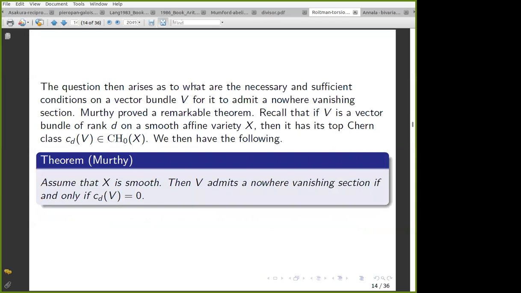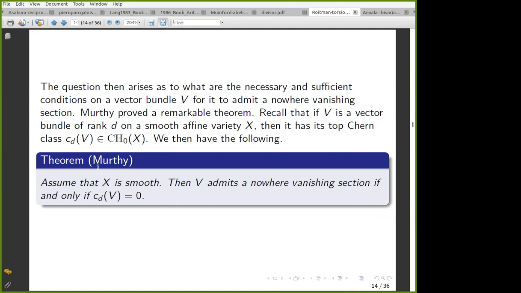Then the question arises as to what are the necessary and sufficient conditions on a vector bundle V for it to admit a nowhere vanishing section. Murthy proved a remarkable theorem. Recall that if V is a vector bundle of rank D on a smooth affine variety, then it has its top Chern class, which I denote by c_D(V), which lies in the Chow group of zero cycles, because this is the same as the Chow group of dimension D cycles.